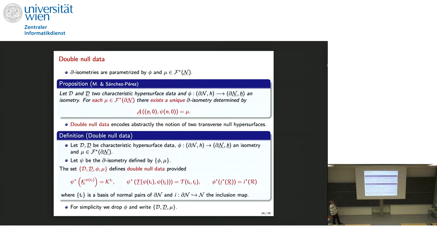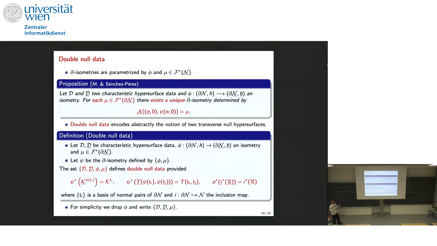Recall that K was the second fundamental form. You can take the second fundamental form along the image of a normal pair, and then pull it back. This gives you something which lives on the first space, and you ask that it agrees precisely with the second fundamental form of the original vector. And similarly for the torsion covectors. These are the two conditions that you would expect naturally.